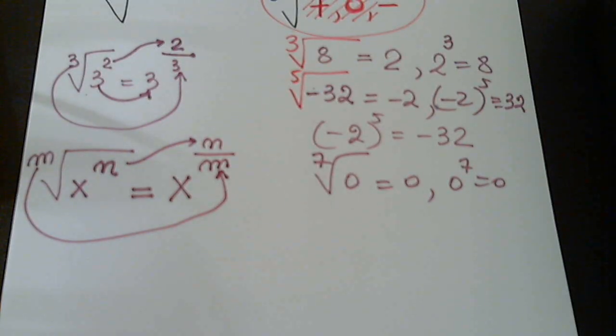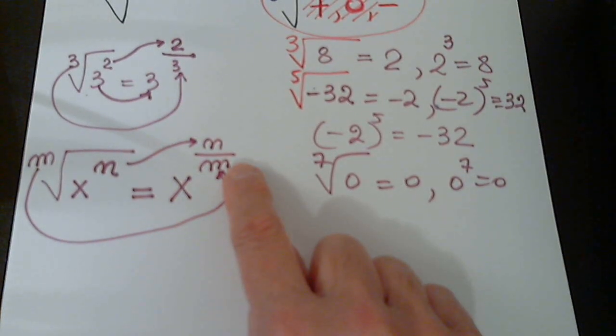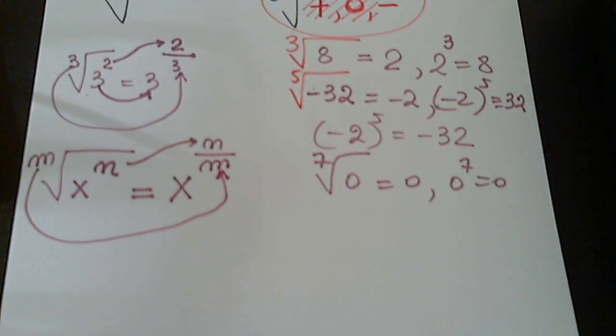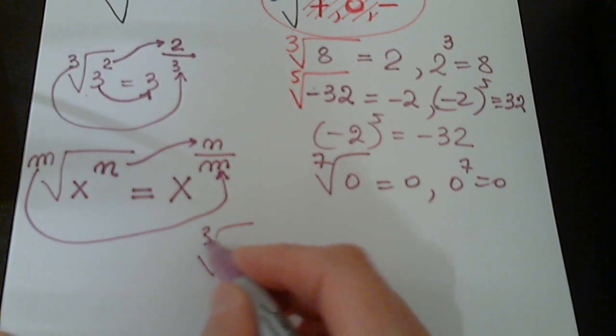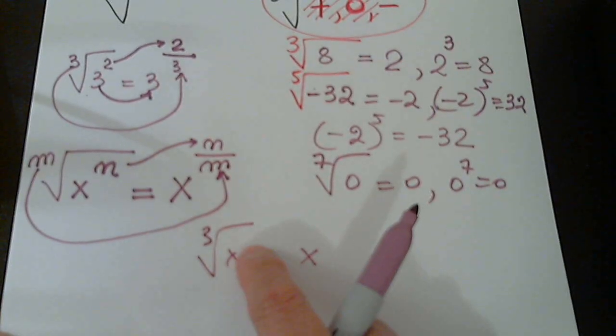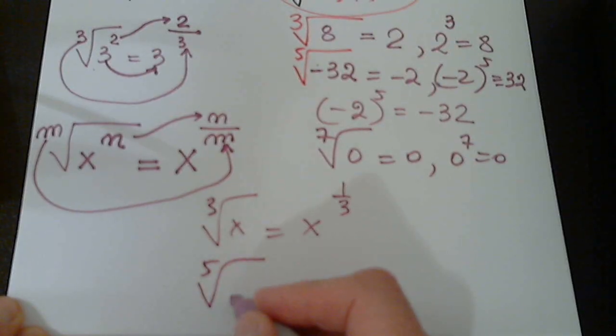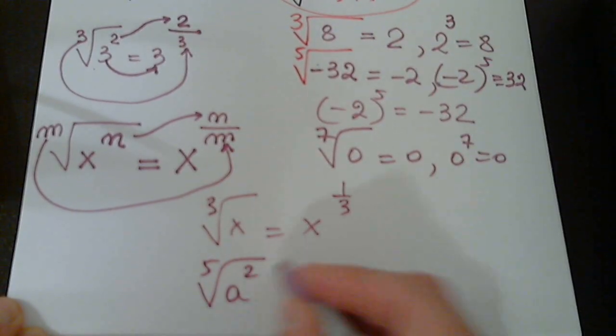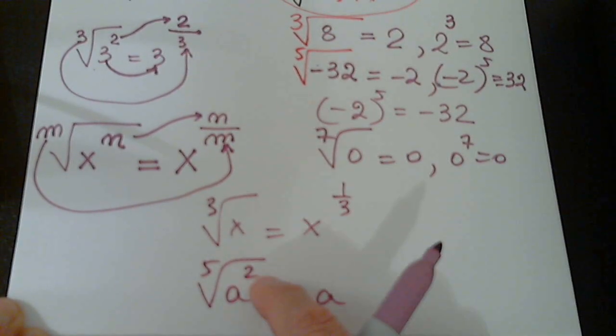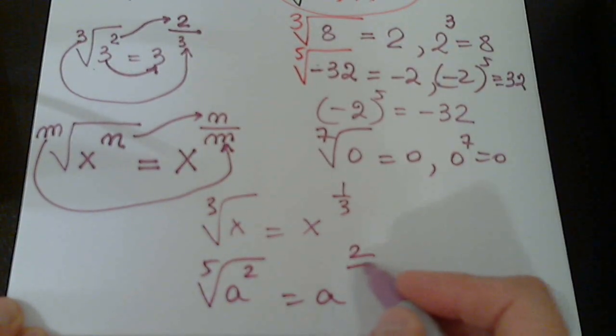So any radical, no matter how beautiful or not, can always be presented in exponential notation with the exponent that is a fraction. Example, the cube root of x is x to 1 over 3. The fifth root of a squared is a to 2 over 5.